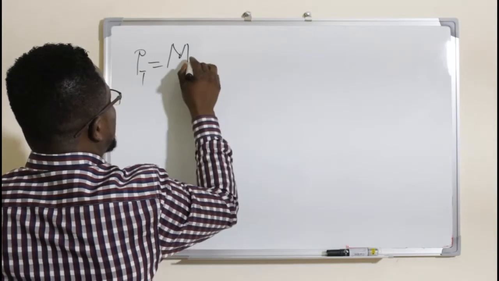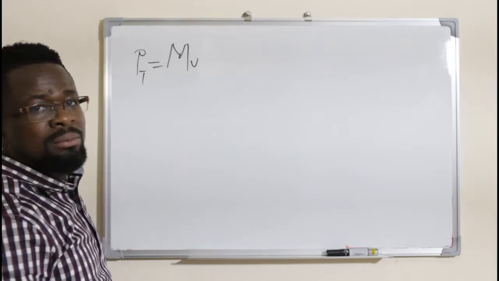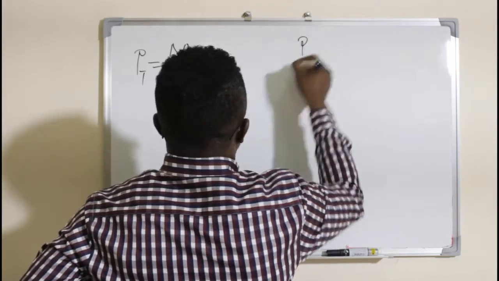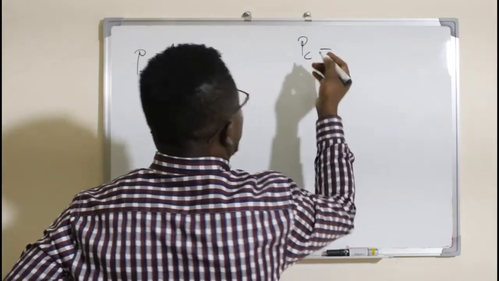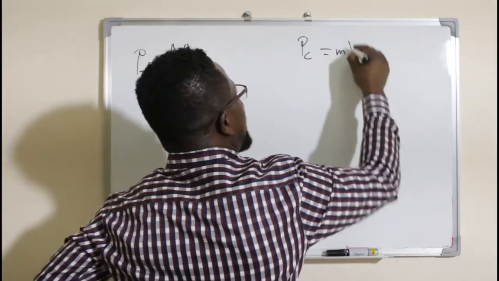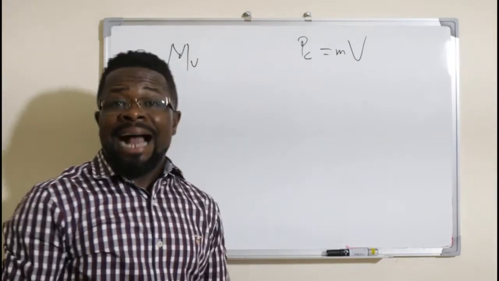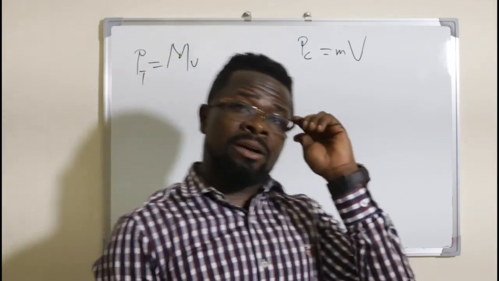Or let me just use the velocity, because I'm talking about momentum here. But on the car side, you can see the car is going to have a smaller mass and a bigger velocity. So that simply implies that the car is going to have a greater velocity.